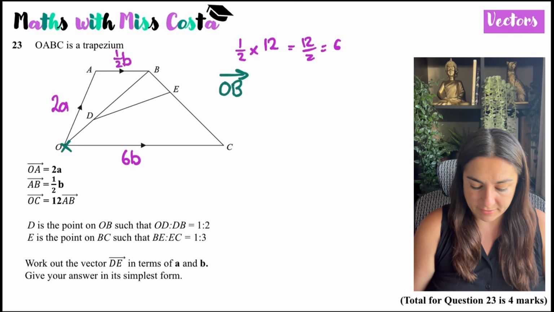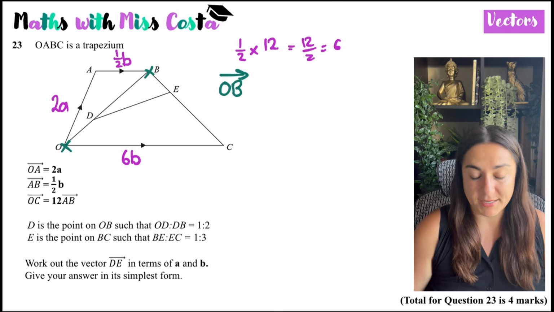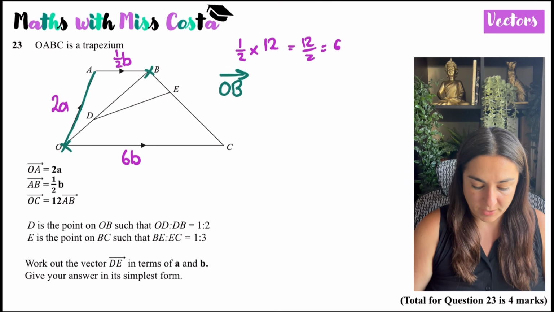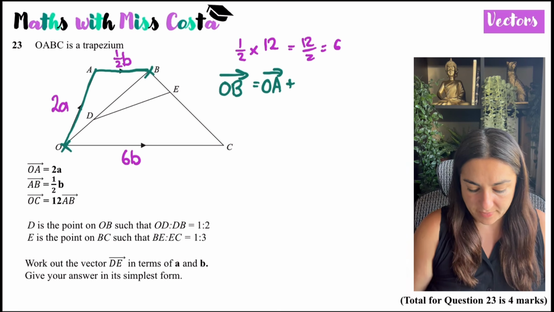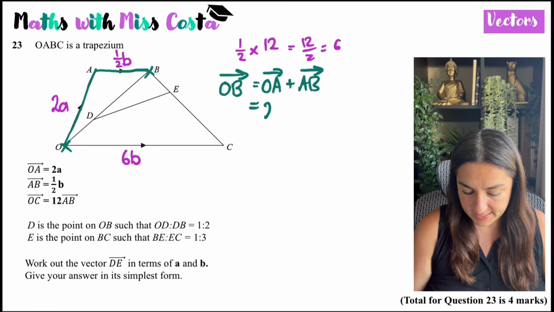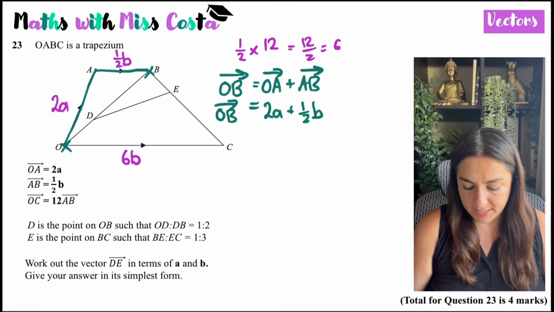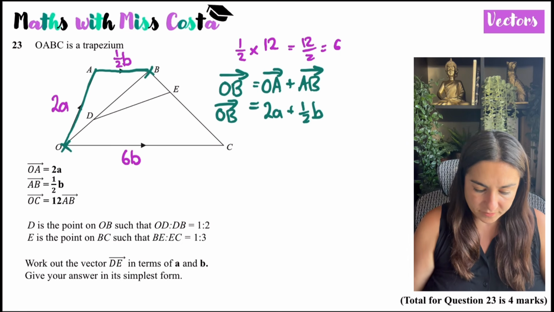How else could I get from O to B using vectors that have already been given to me? So here I can go along OA. So a route to get from O to B would be going along OA and then AB. So that's just my route that I've written down to help me. Now I know that OA is 2A and I know that AB is a half B. So therefore OB, the vector OB is 2A plus a half B.